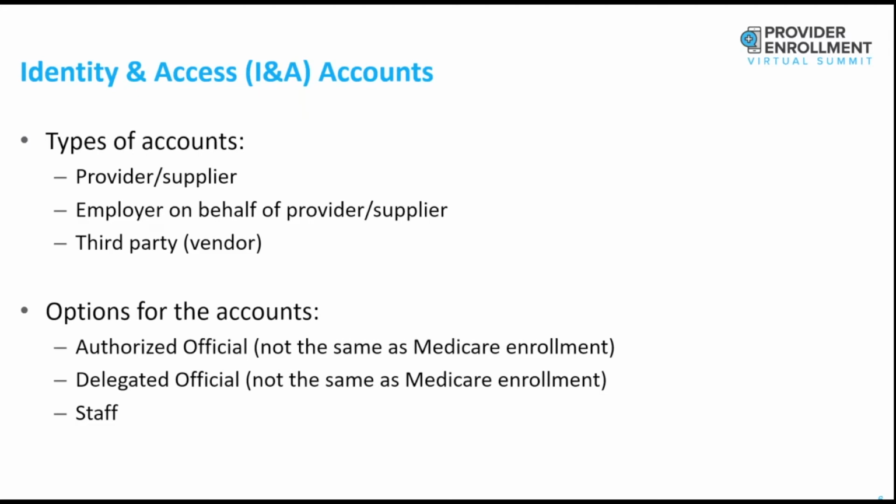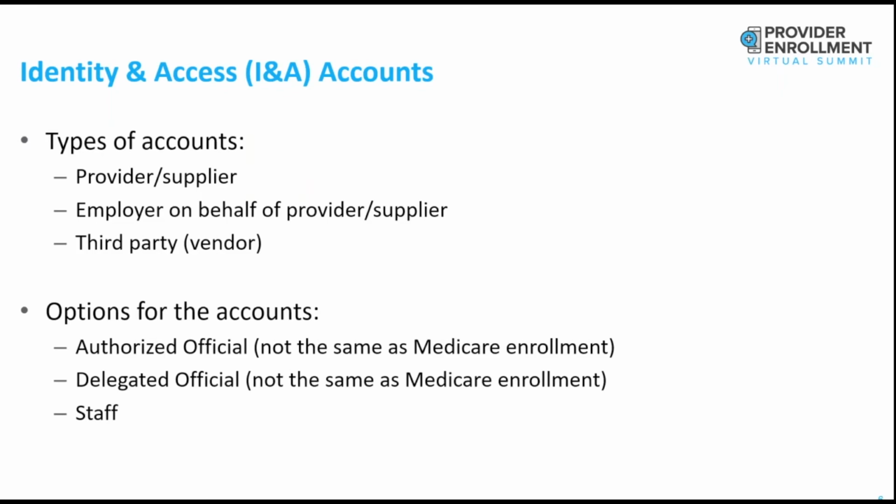Now, the options for those accounts, depending on whether you're the provider or supplier, or whether you're acting on behalf of the employer that employs the providers and suppliers, or you're a third-party vendor, the main person is going to be the authorized official. That will be the gatekeeper for the organization of which that person is the AO, or authorized official.